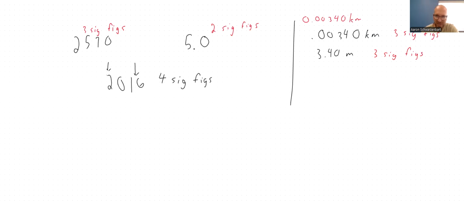I could also write this as 340 centimeters, which now looks like 2, this zero. In order to fix that, we put it into scientific notation, and now the zero looks significant. Okay? That is how to count significant digits.